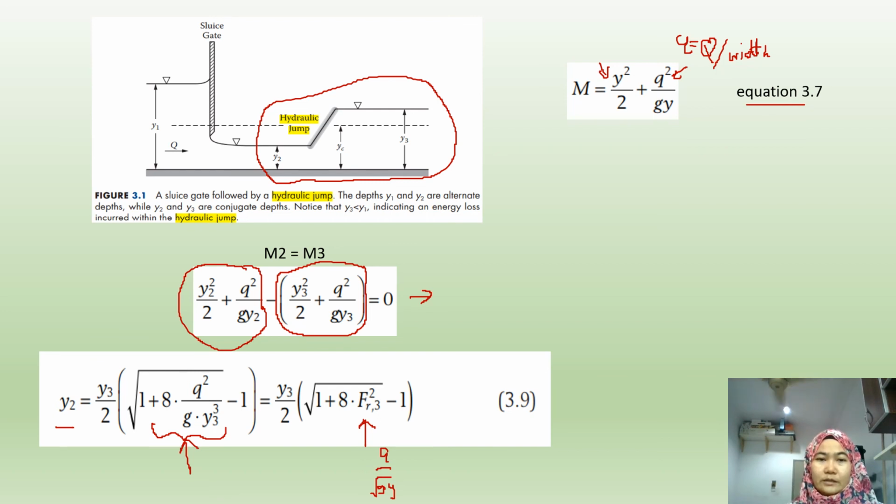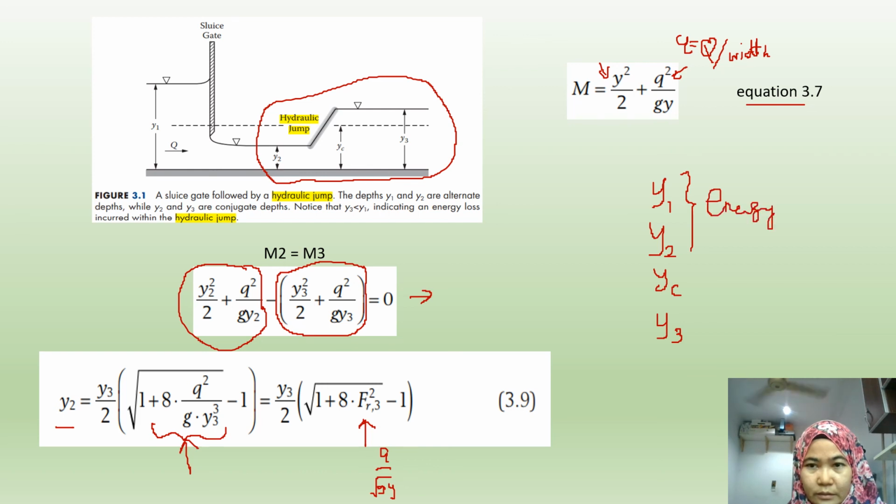Our interest in this situation is that we always want to know y1, y2, the critical depth, and y3. For y1 and y2, you can use the energy conservation principle to determine them. For y3 and y2, you use conservation of momentum.